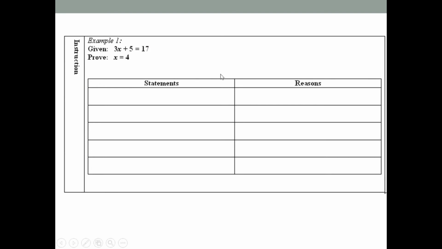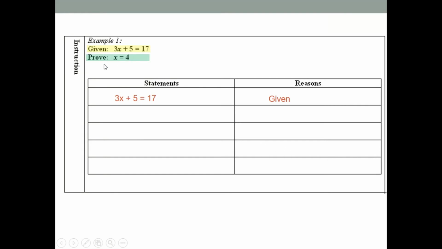So here's our first example. With algebraic proofs, all we're doing is starting with the initial equation, and that should always be the first block, and it's our given, so that's our reason, that's what we're starting with. Then as we go down, we're just going to solve this equation and use one of those properties that I listed previously.